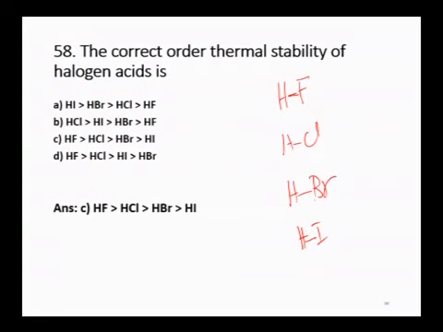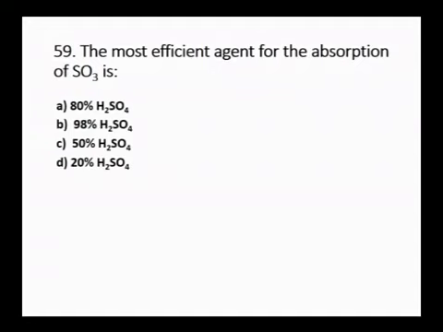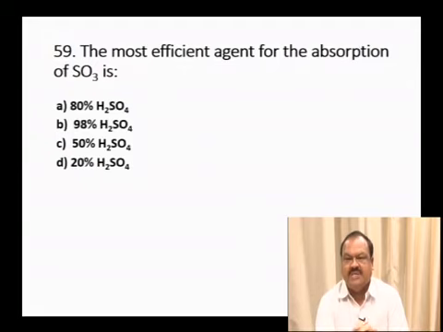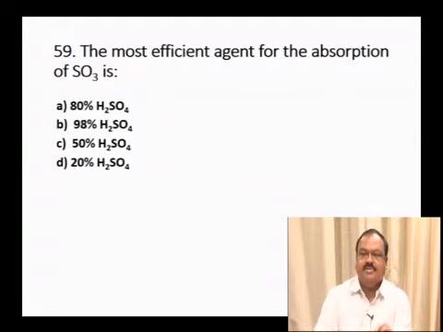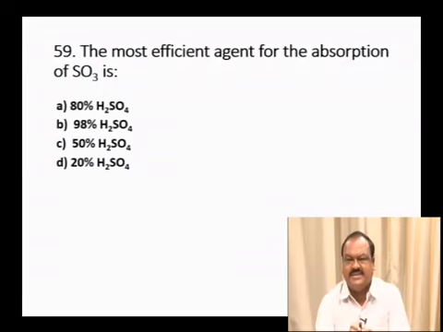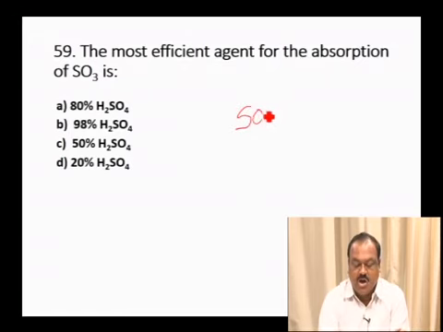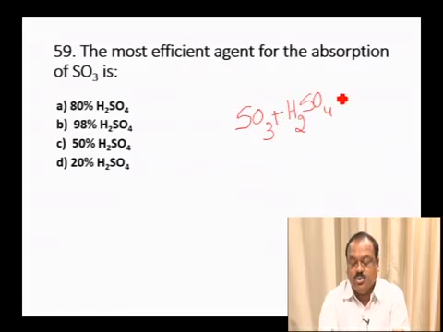Next question. The most efficient agent for the absorption of sulfur trioxide is, as we discussed in the manufacturing of sulfuric acid by the contact process, sulfur trioxide absorbed in sulfuric acid to get oleum.